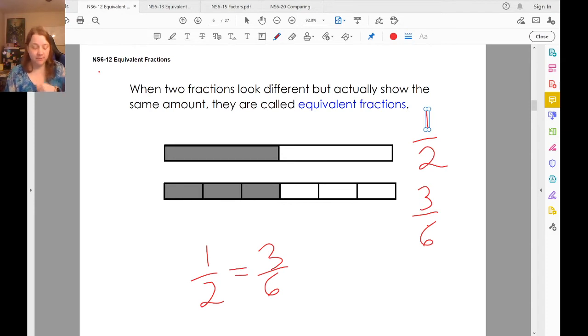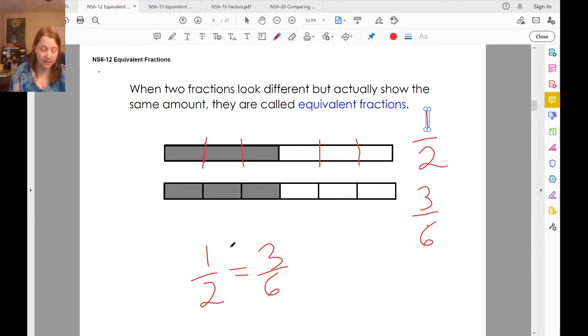The first is by looking at this 1/2. And if we take this 1/2 and we break each of these pieces into thirds. So if I see the dark piece over here, and I break it into thirds, and then I have the light piece and I break that into thirds, I can see that now it's the same as the fraction below it.